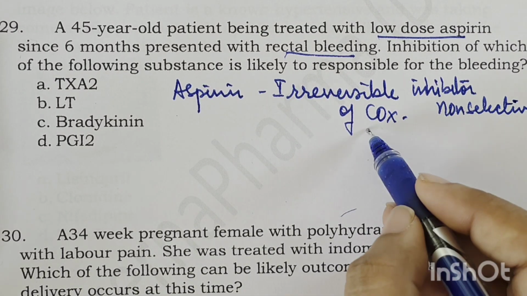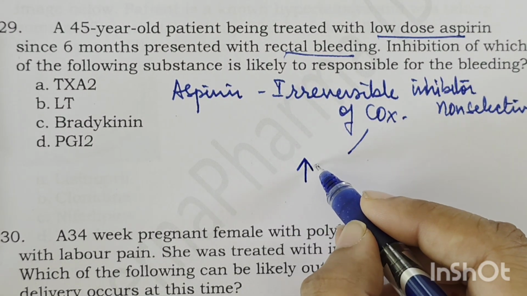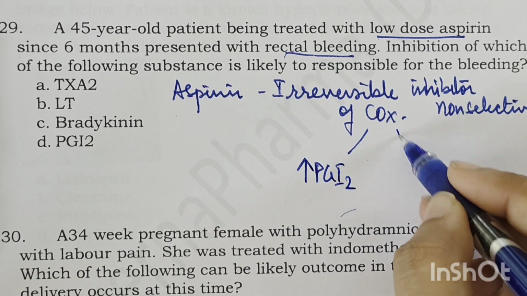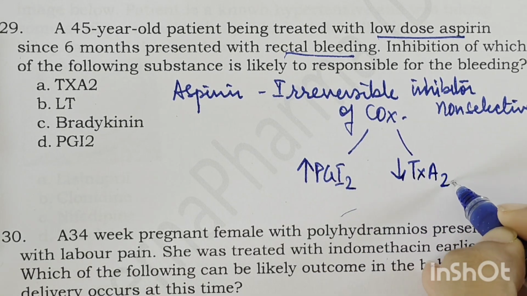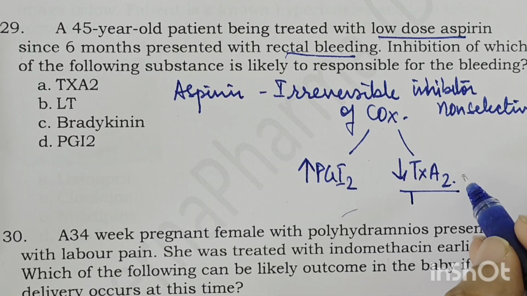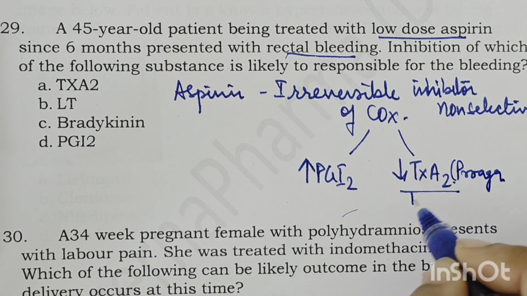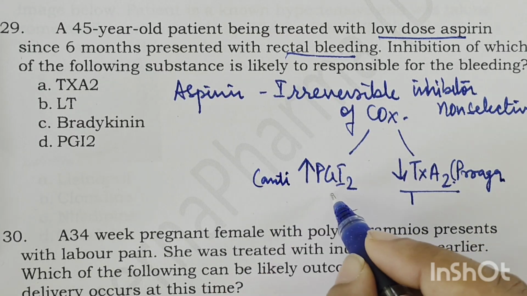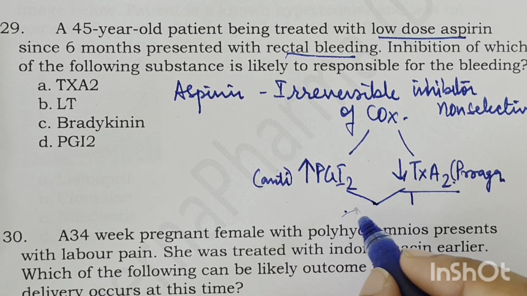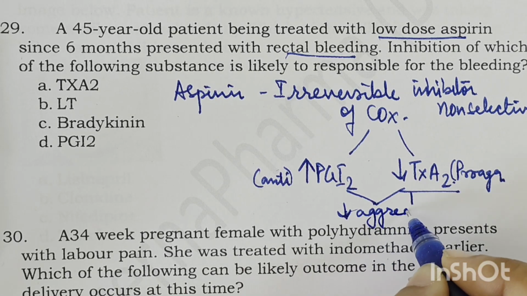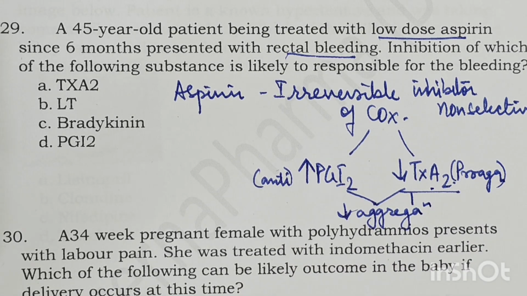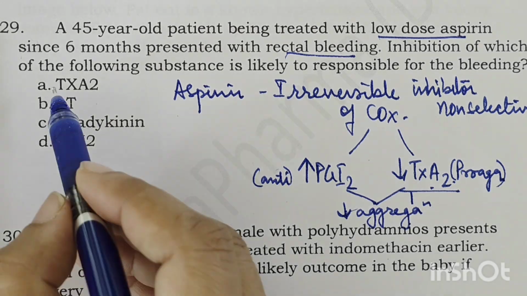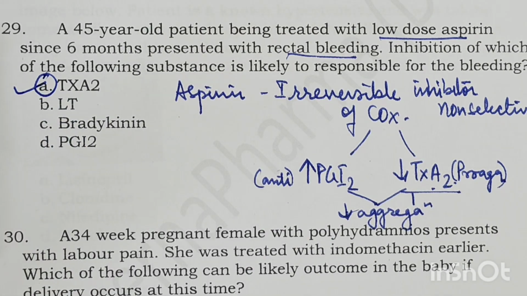Due to inhibition of COX enzyme, it reduces the prostacyclin PGI2 and it reduces the thromboxane A2. Thromboxane A2 is pro-aggregatory, and prostacyclin is anti-aggregatory. Because of their combined action, we get a reduction in aggregation, right? Here aspirin will reduce the thromboxane A2 activity. So this substance is responsible for the bleeding of the patient.